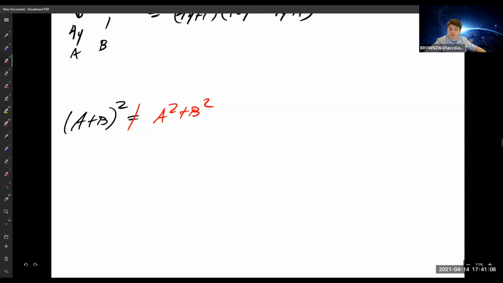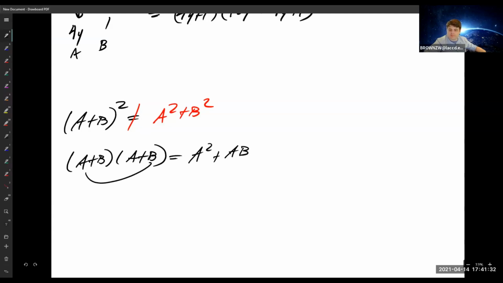Unfortunately, that doesn't work. And the reason is, well, if we think about what it means to square something, that means we multiply it times itself. And we talked about this on Monday. What this really is, is a secret FOIL problem. If we go through, the first term here would be a squared. Outside here would be a times b.